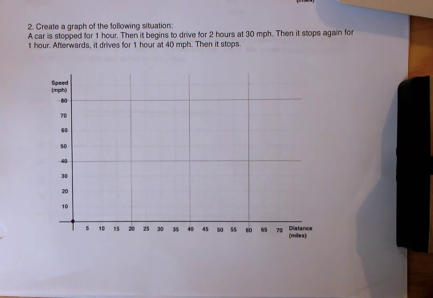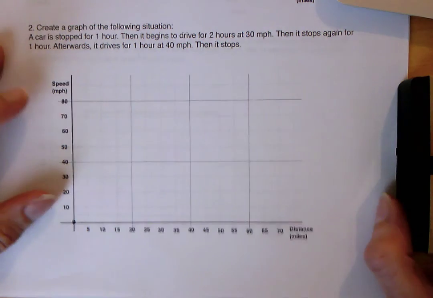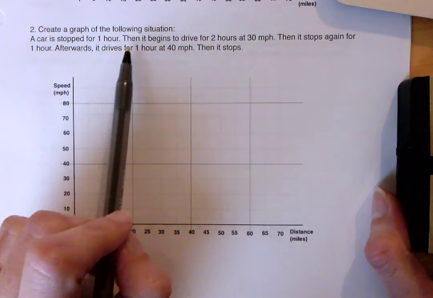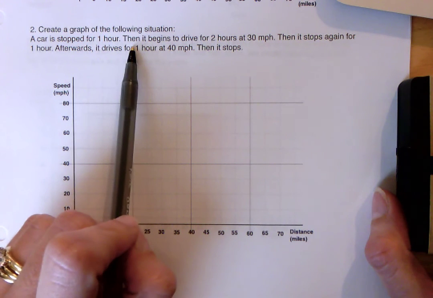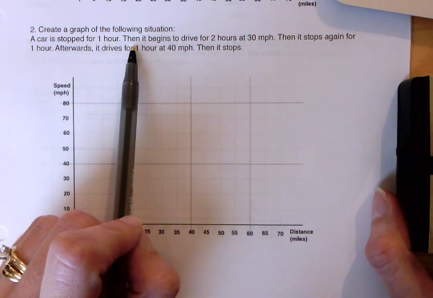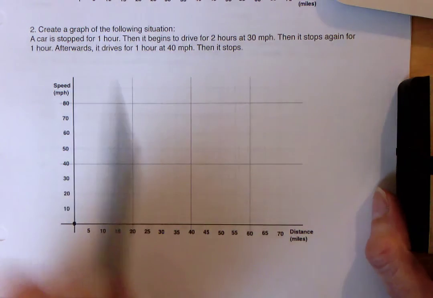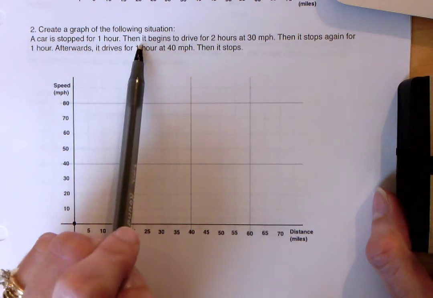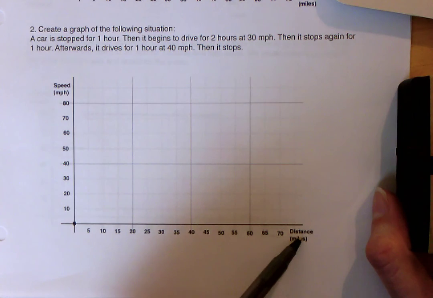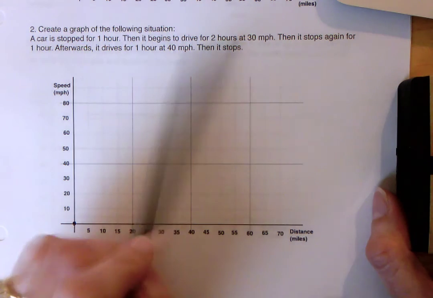Okay, so on this one, and honestly, I think this should actually be a different kind of graph. On this one I think they gave you the wrong graph. They're not graphing speed versus distance. We're actually going to be graphing, it looks like speed and time.